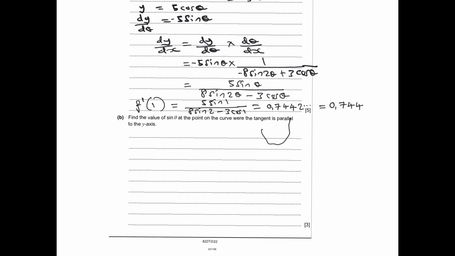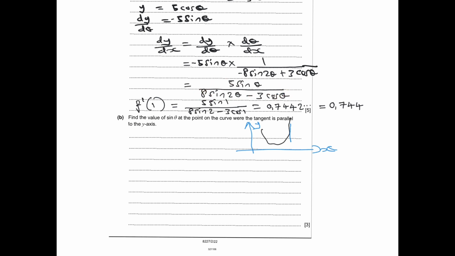Let's suppose that's the curve, and this here is my tangent, parallel to the y-axis on the Cartesian plane. If we have a tangent which is parallel to the y-axis, it means the gradient is undefined. So this is our derivative here.